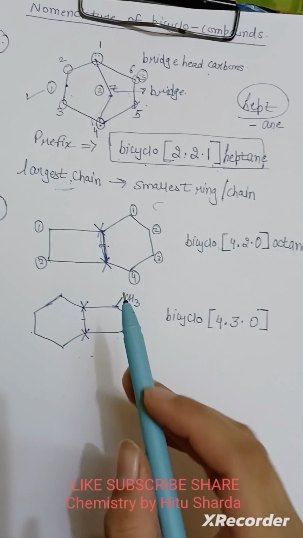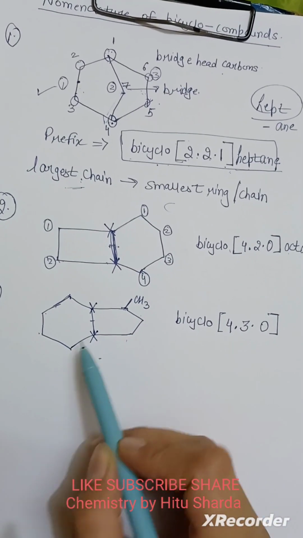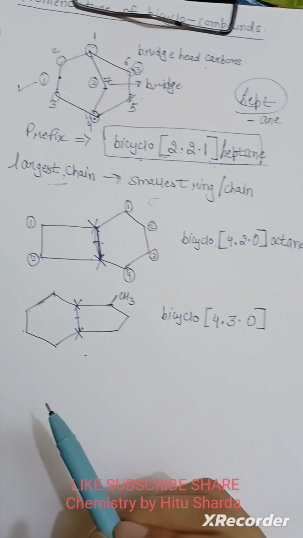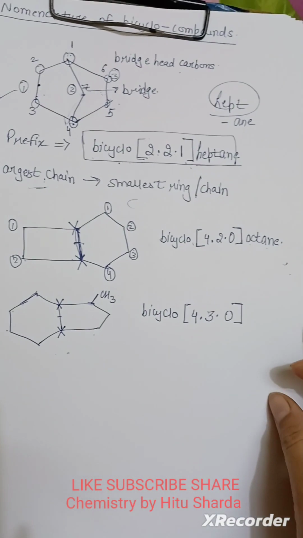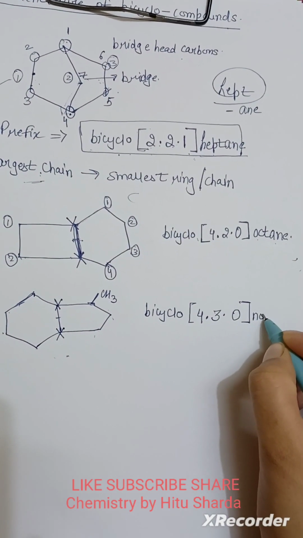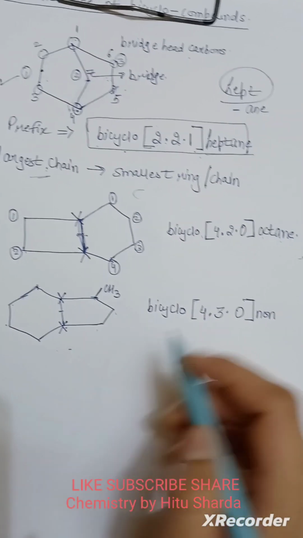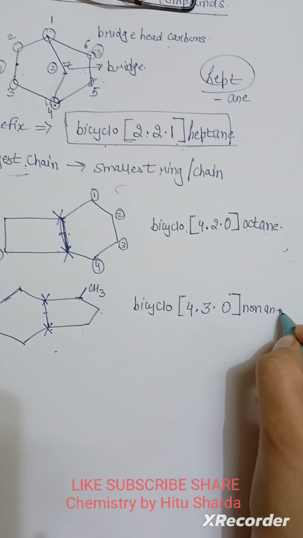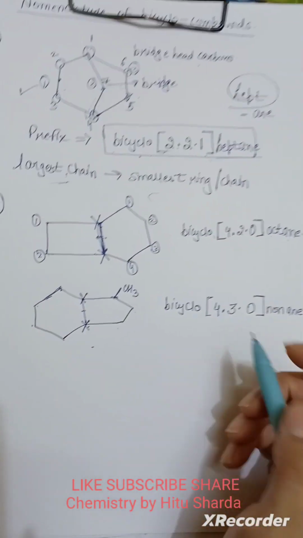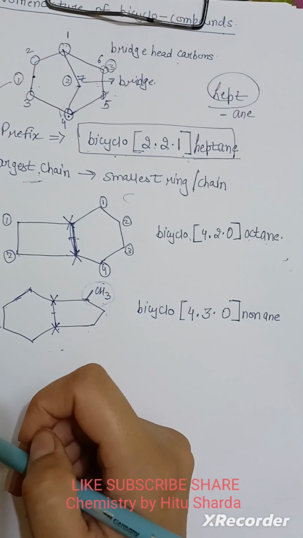Now you have to count total number of carbons, that is 1, 2, 3, 4, 5, 6, 7, 8, 9. So what is the root name of 9? That is non. So N-O-N, and because there were all the single bonds present here, so you have to write ane. So nonane. Okay.